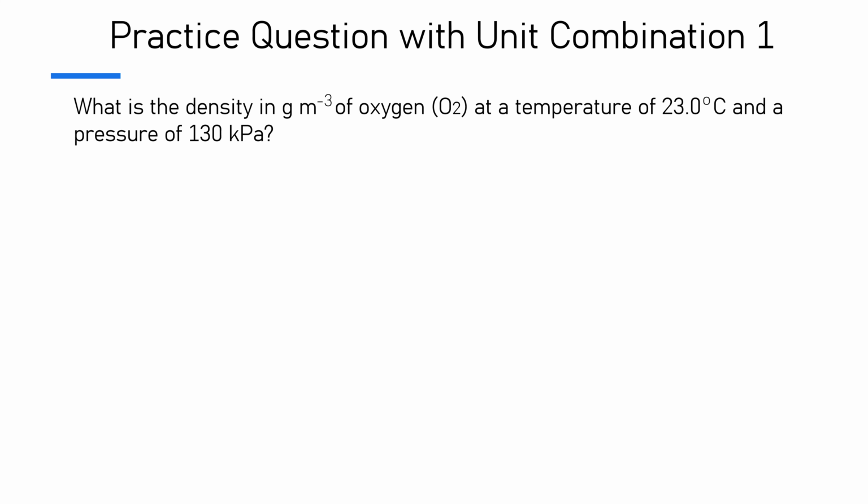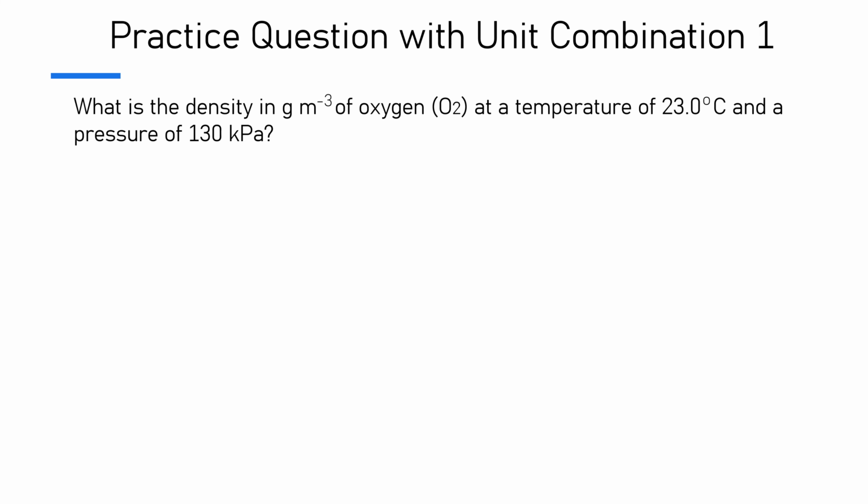Now, quick reminder, to calculate the molar mass of a substance, we need to find the sum of the relative atomic masses of the constituent atoms. In this case, we need to find the relative atomic mass of oxygen, which to three significant figures is 16.0, and then we need to multiply it by 2 because oxygen exists as a diatomic molecule, meaning we have 2 atoms of oxygen per molecule.